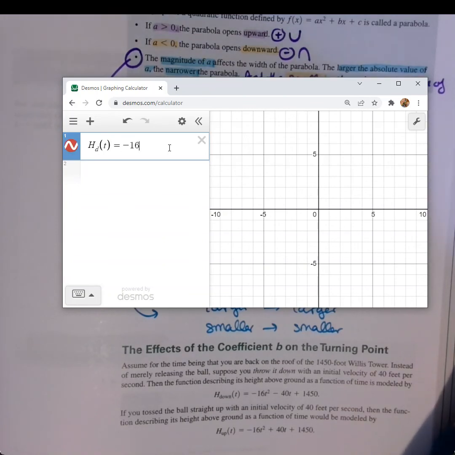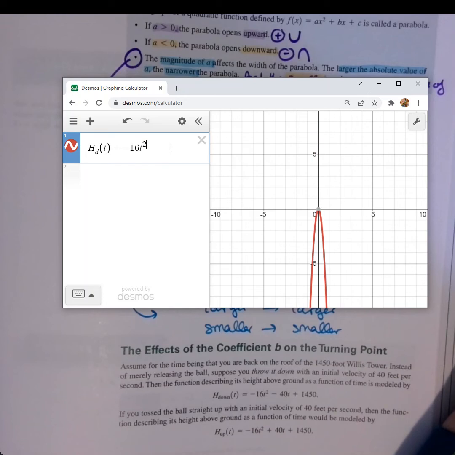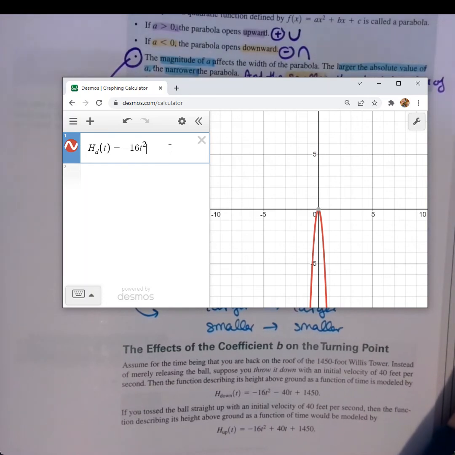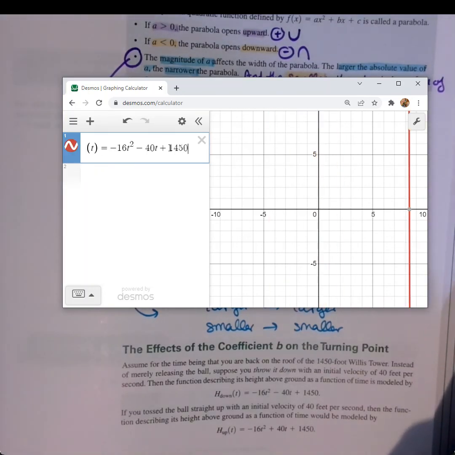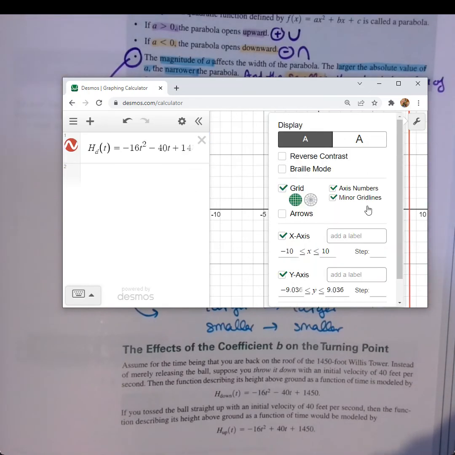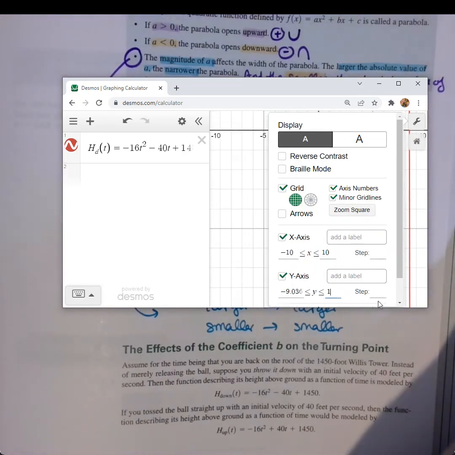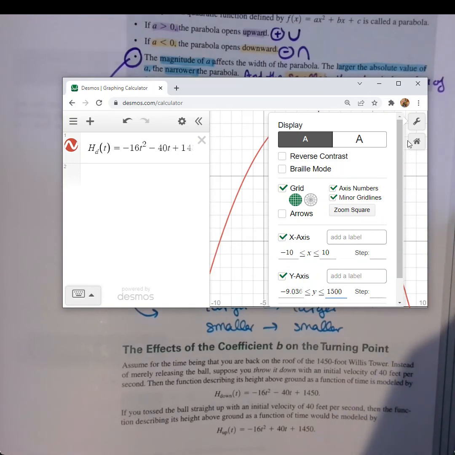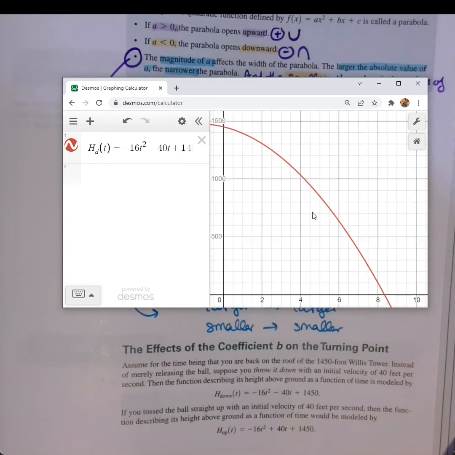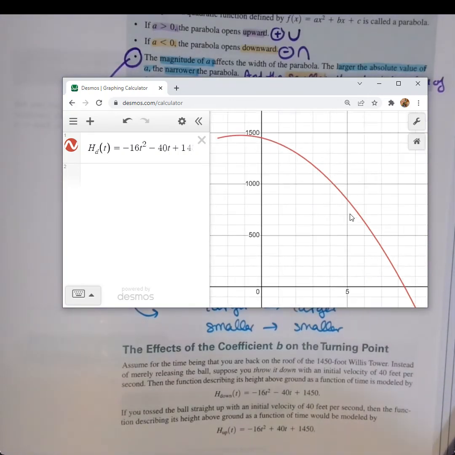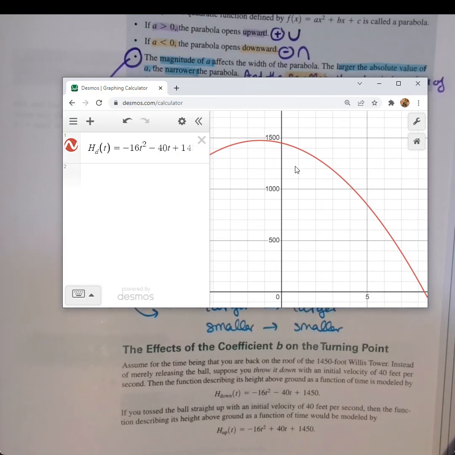And we want negative 16 t squared minus, looks like I'm allowed to use this name, good, 40t, and then plus the 1450. So I had to rescale this real quick so that I can see where 1450 is. I'll just pop up to 1500. Oops, 19,000. And I don't need all those negatives. Okay, all right, so that's our function.